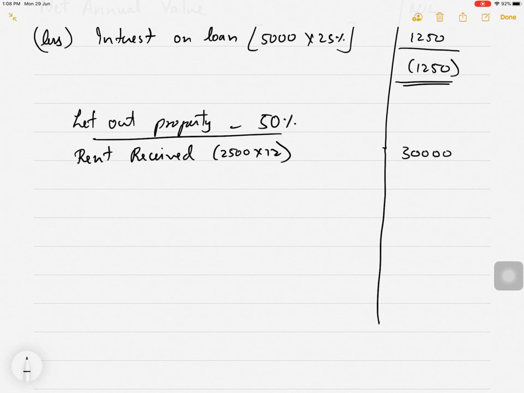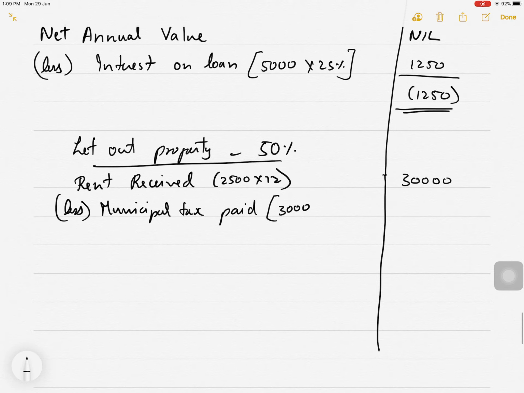That means you have received that much, because this is there in your P&L account also. Less municipal tax paid. Only if it is paid, correct?